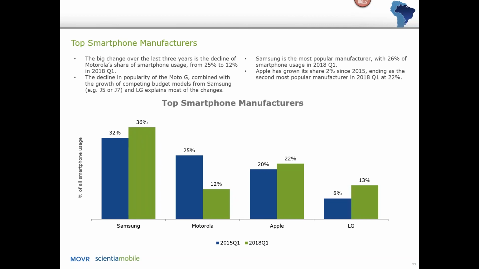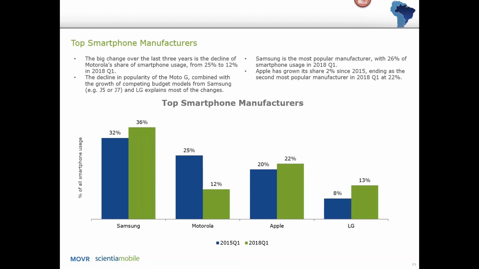But over the last 3 years, increasing competition from the likes of Samsung and LG have made the market share of Motorola drop from 25% down to 12%. The Moto G is still out in the market. I think it's on its 5th generation.